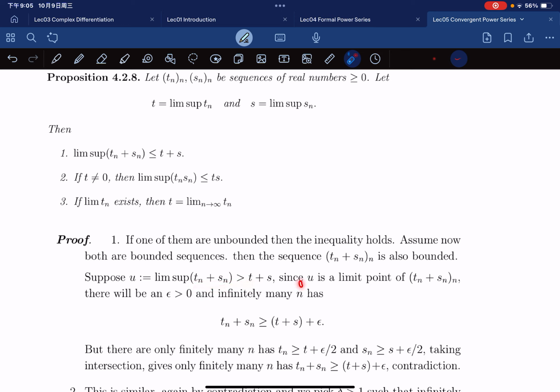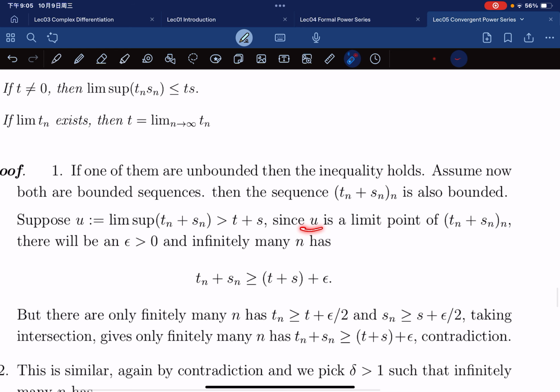Well, since u is a limit point of this sum sequence, because the lim sup lies in the set of limit points, it is indeed a limit point. There will be an epsilon greater than 0 and infinitely many n for which this is true.